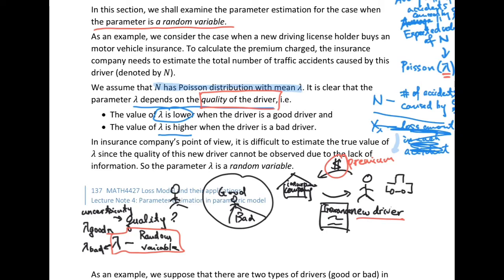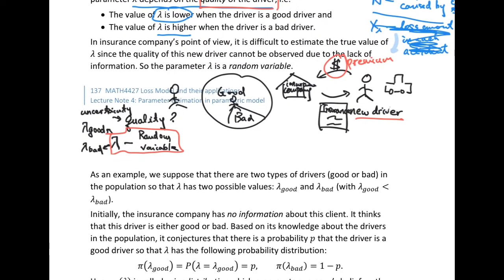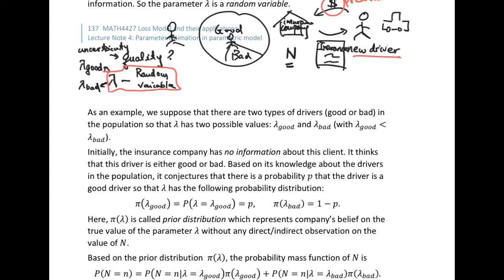Now, once we have this idea in mind, we continue our example. As I said, initially the insurance company needs to estimate the distribution of N in order to calculate this premium. Given that the number is a random variable, they still need to estimate the distribution of N. To do that, they make some guess on the values of lambda, so that given this guess, we can obtain the distribution of N. To facilitate the analysis, let us assume that we only have two types of driver, either good or bad, so that lambda can only have two possible values, either lambda good or lambda bad.